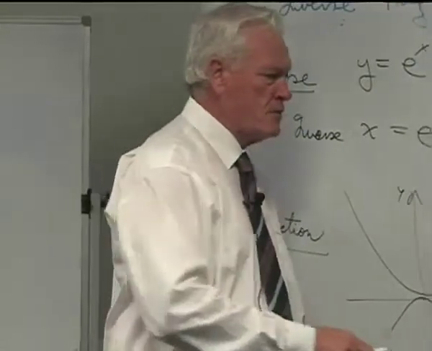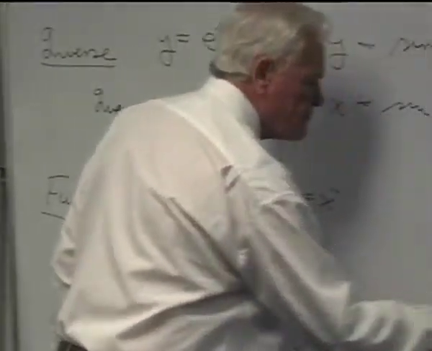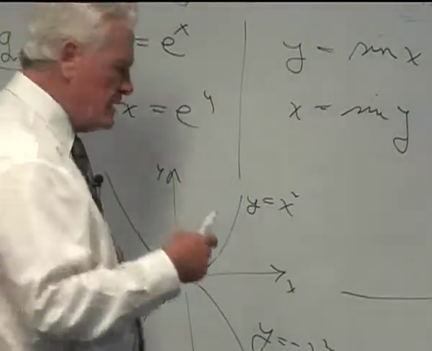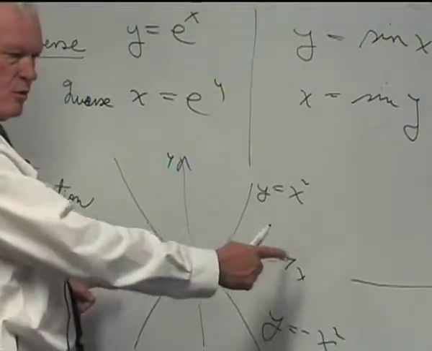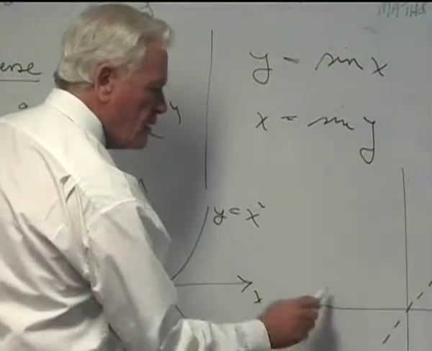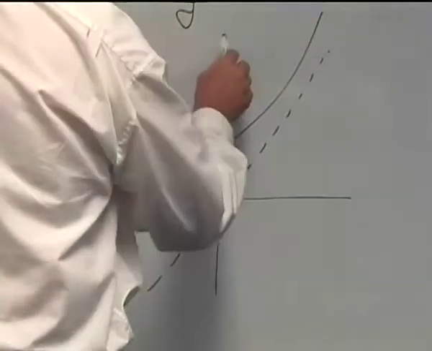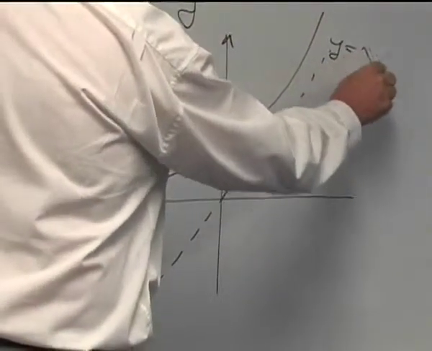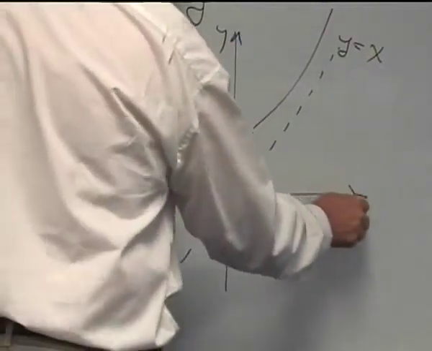So what is an inverse? An inverse is a reflection, not in the x-axis or y equals 0, but in the line y equals x. This is not particularly hard to prove, it's quite easy actually.